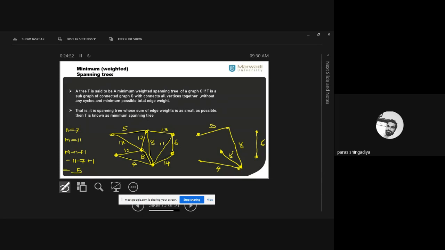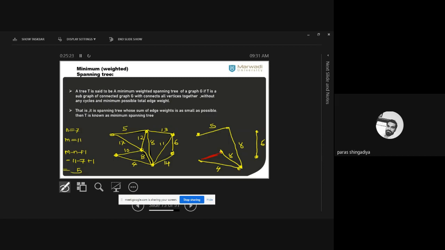Now after 8, that is 10. But if I connect this vertex with weight 10, it creates one triangle between these three vertices and it creates a cycle. So I cannot consider this edge in my graph, because my requirement is one tree, and a tree does not contain any type of cycle.